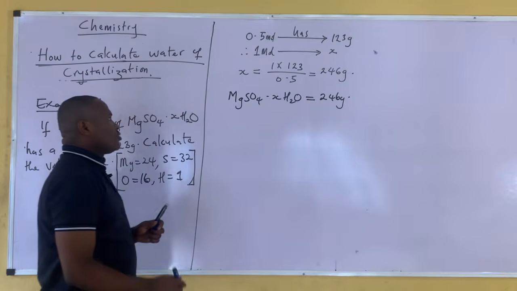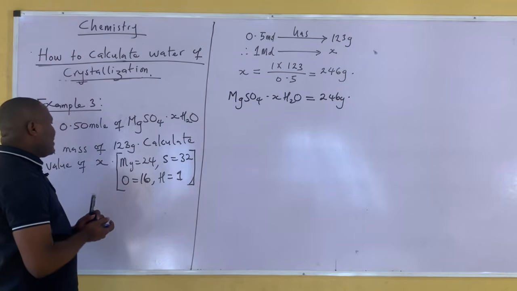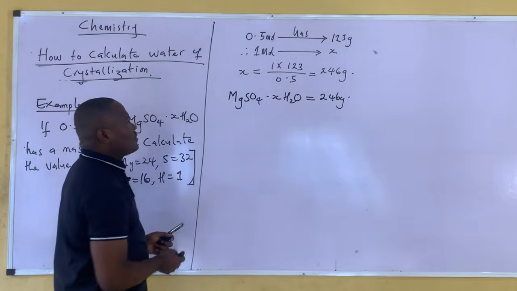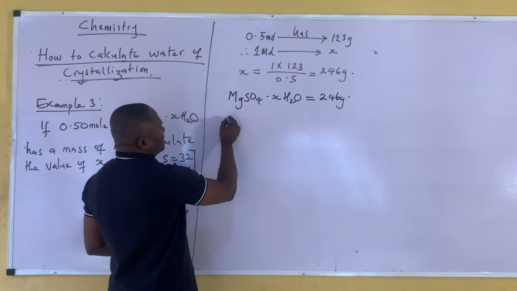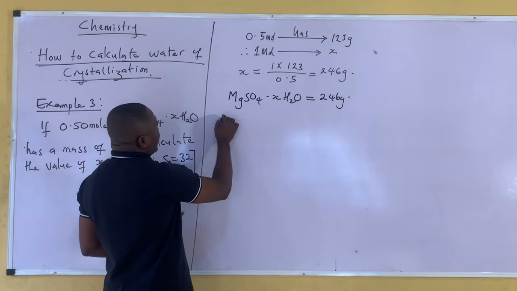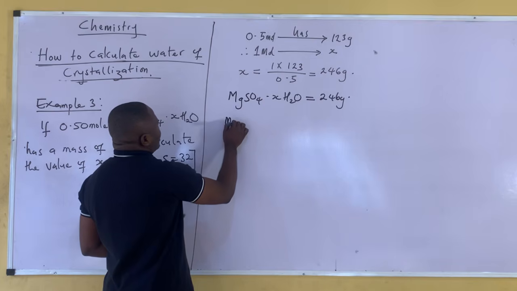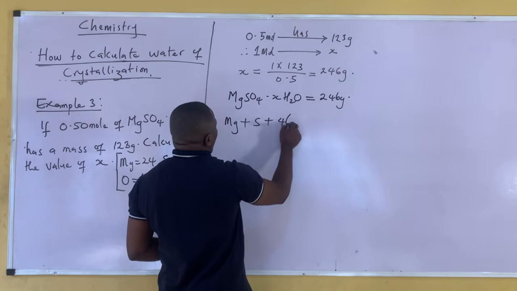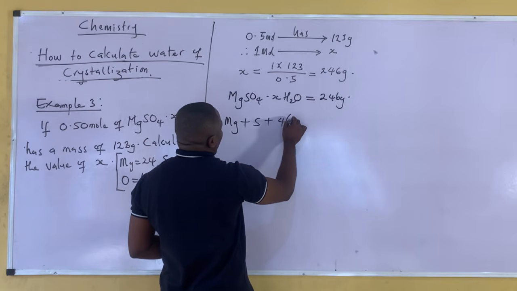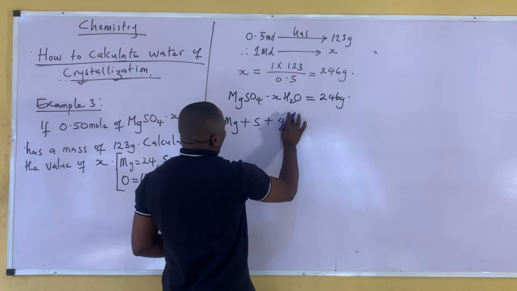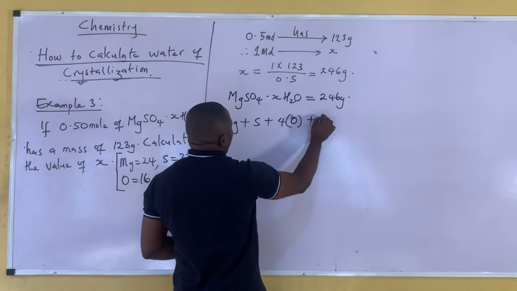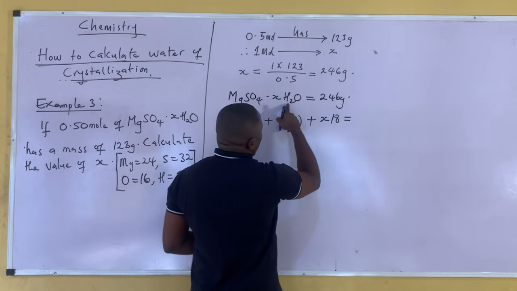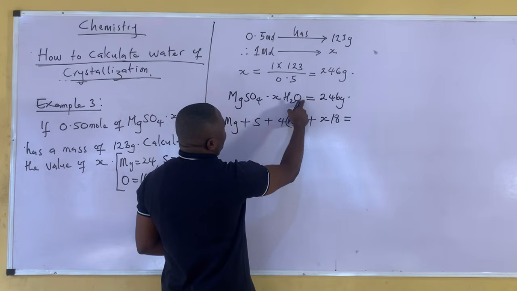Now, if that's equal to this, what is now the value of x? Now what our question is asking us. What's the value of x? How will I solve this? It's very simple. I will say that this is Mg plus S plus 4 O plus x times 18, and water here is 18, 2 plus 16.